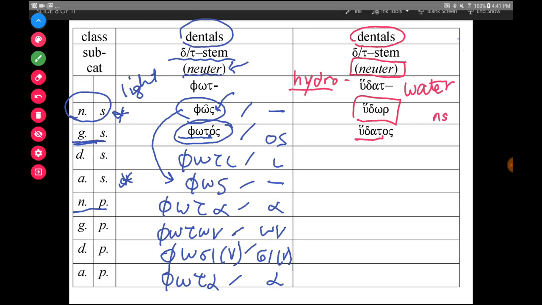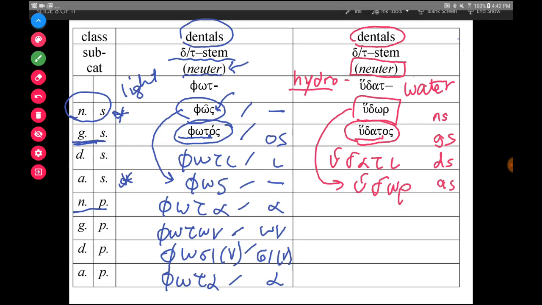So if the nominative singular is hudor, but the genitive has the stem hudat, you add os to it, and the genitive singular is hudatos. The dative singular is hudati, and the accusative singular, which is always the same as the nominative singular with neuter nouns, is hudor.